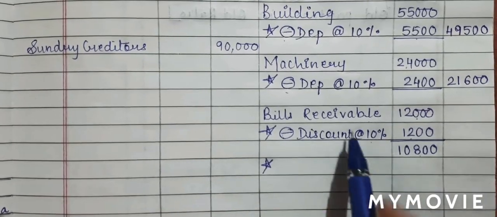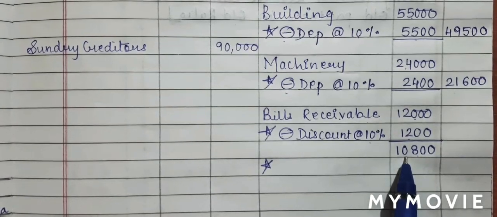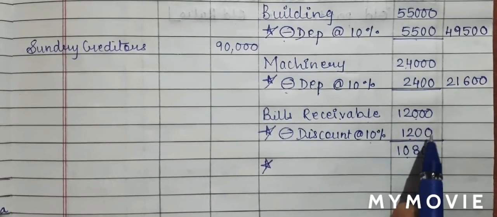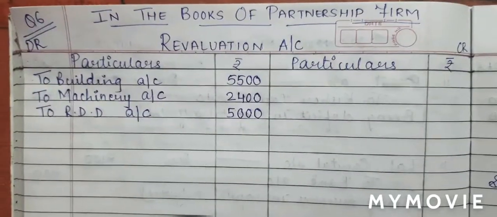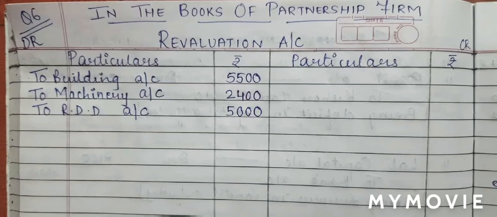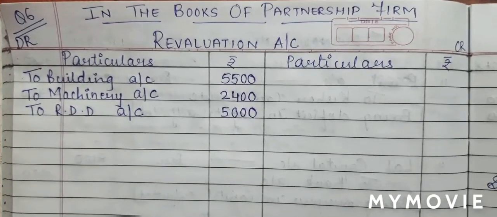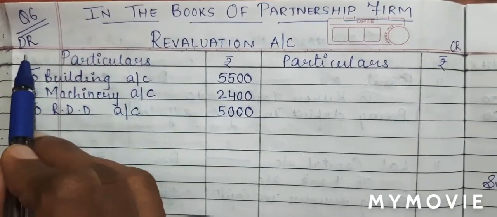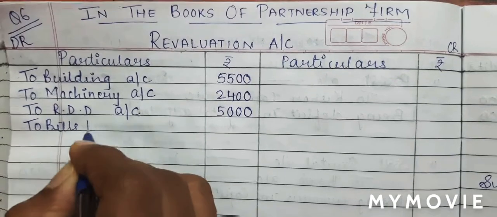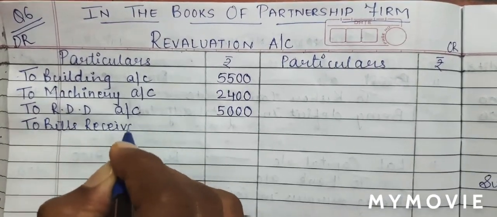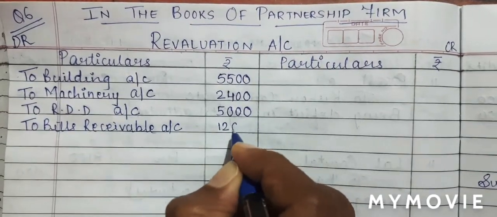Now students, the value of our asset has decreased, which means again there is an expense. So we will first have a second effect for discount. So discount for our asset means it is an expense for the business. So we will be writing it in revaluation account debit side. To bills receivable account 1,200.